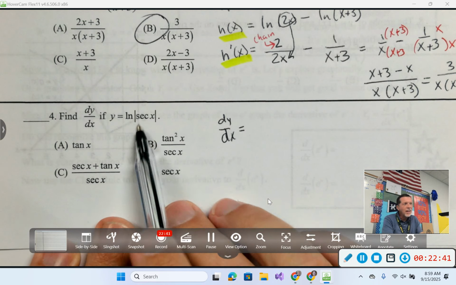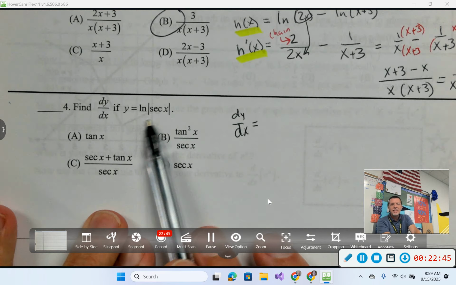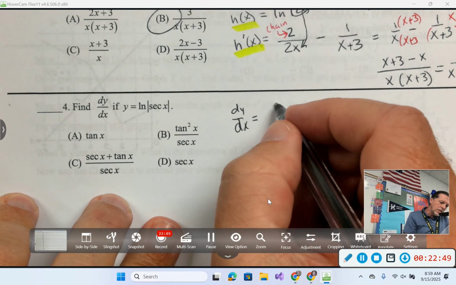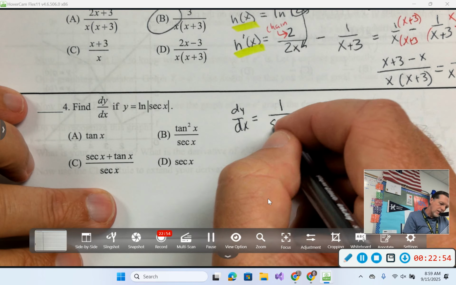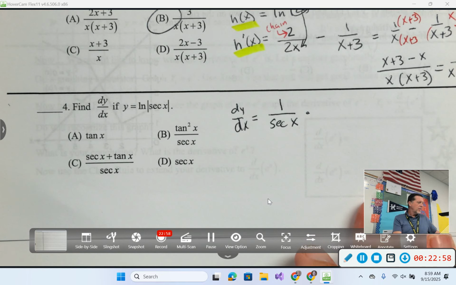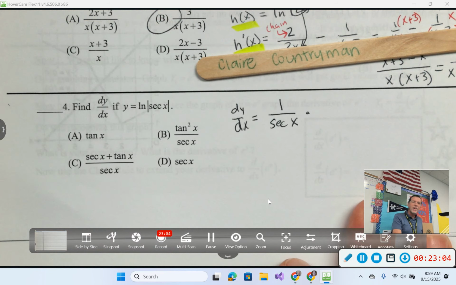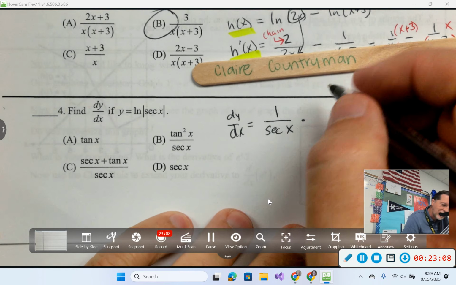I don't think there's any algebra I can do. I don't know if that simplifies anyway. So let's see, 1 over the argument. So 1 over secant of x times the derivative of the argument, so times the derivative of secant. A few people had that on the way in. I don't know if Claire was one of them, but Claire, what's the derivative of secant of x?